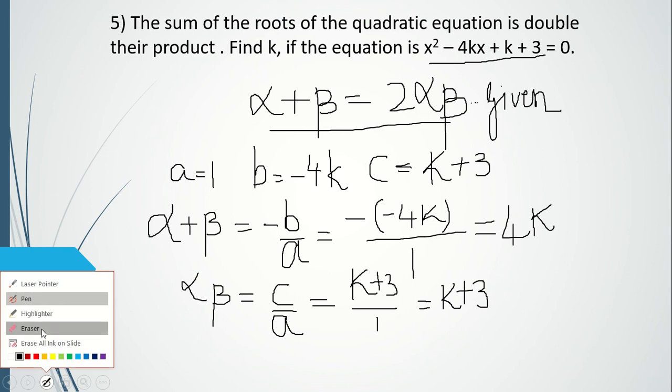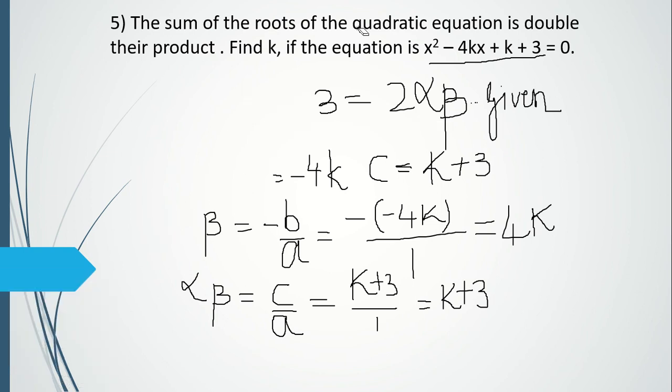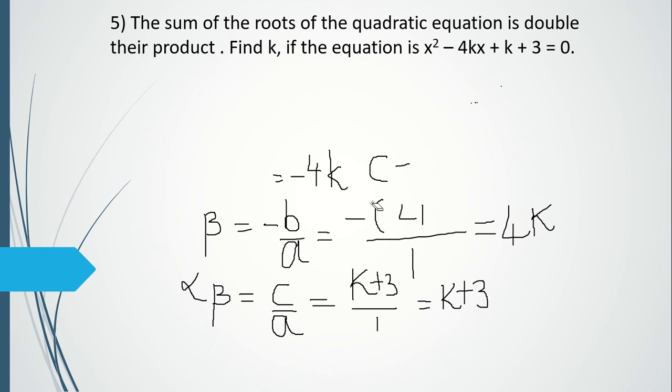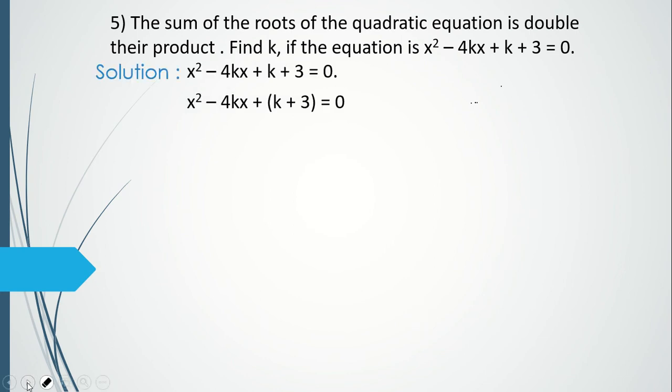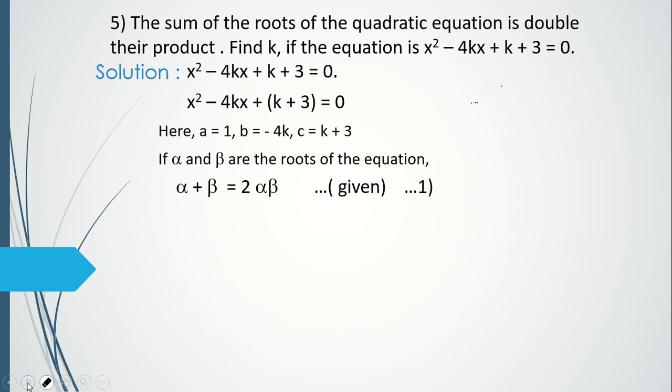So let us just see how we are going to do that. We are asked to find out the value of k here. Okay, so your a is 1, b is minus 4k, c is k plus 3.